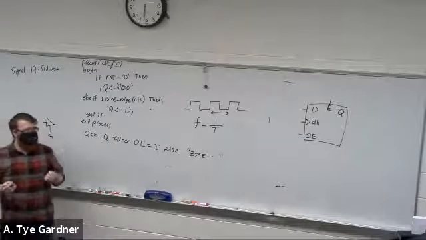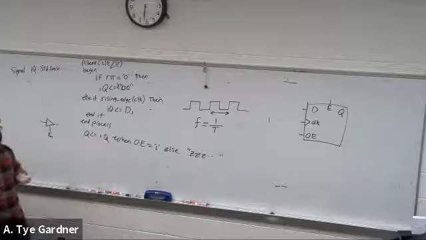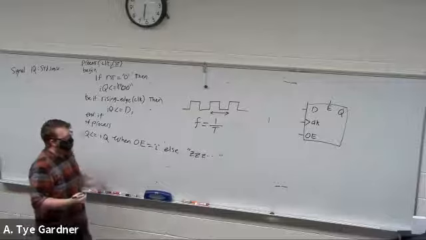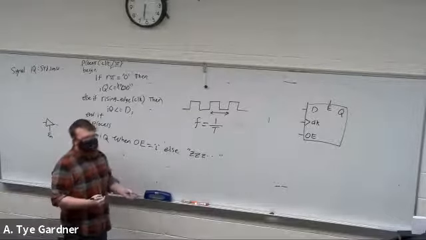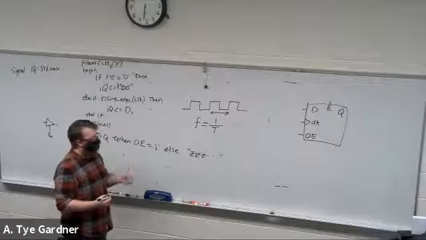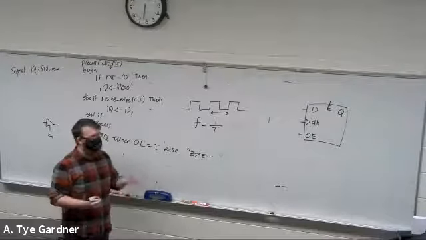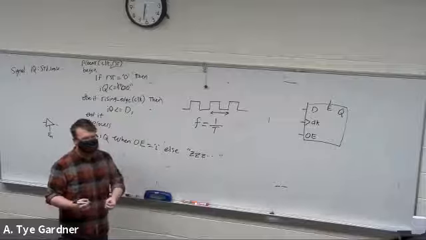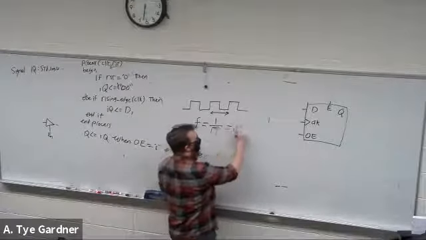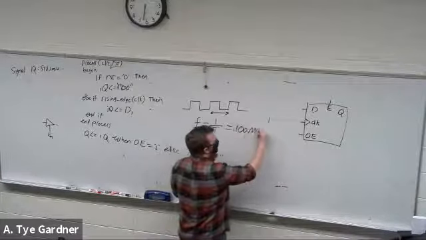That's what T is, capital T, period. So the amount of time that it takes in between rising clock edges is the period. How often that happens is the frequency. So a period is measured in seconds, and frequency is per second. So your clock might be something like 100 megahertz.